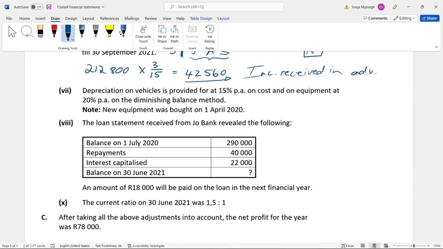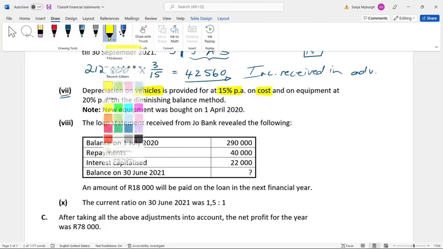Now we get to depreciation. And this is note number 3. We've done calculation of depreciation on the income statement, but now we must be able to complete note number 3. Depreciation on vehicles, 15% per annum on the cost price.